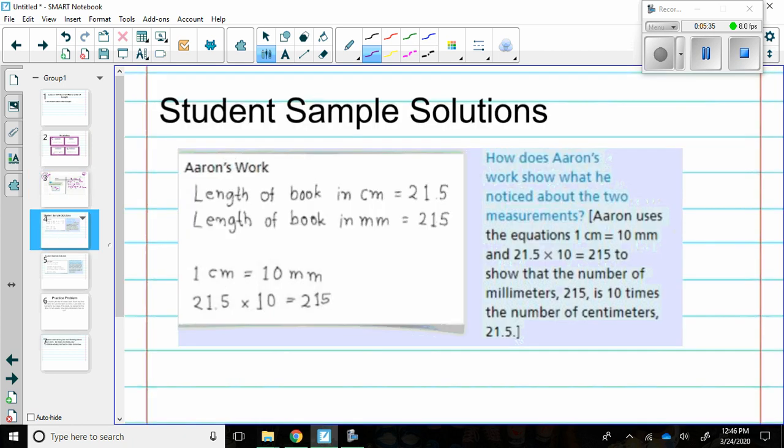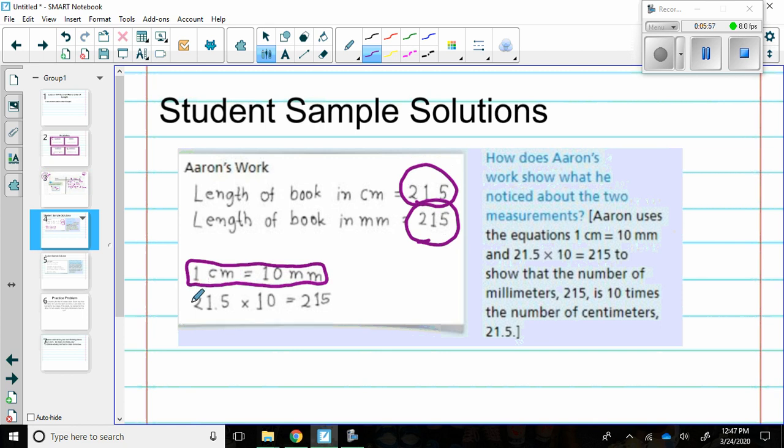Here's Aaron's work. Aaron took the length of the book of 21 and 5/10 centimeters. He measured the book at 215 millimeters. So he came up with the problem. He writes what he knows, what he knows, what he knows.